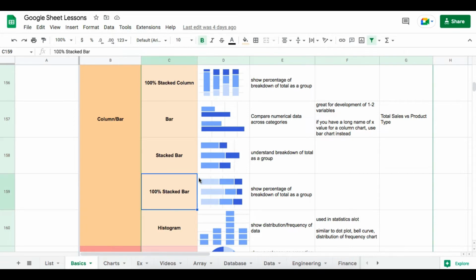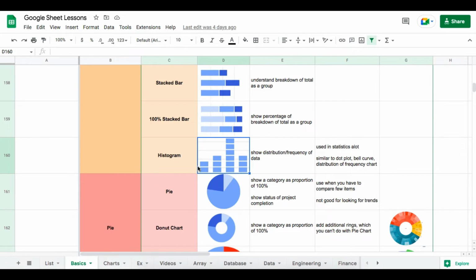Then you have 100%, which starts from 0 from one end and then goes to 100 on the other. And then lastly, we have a histogram, which is very similar to a bell curve, or also known as distribution or frequency chart in statistics.